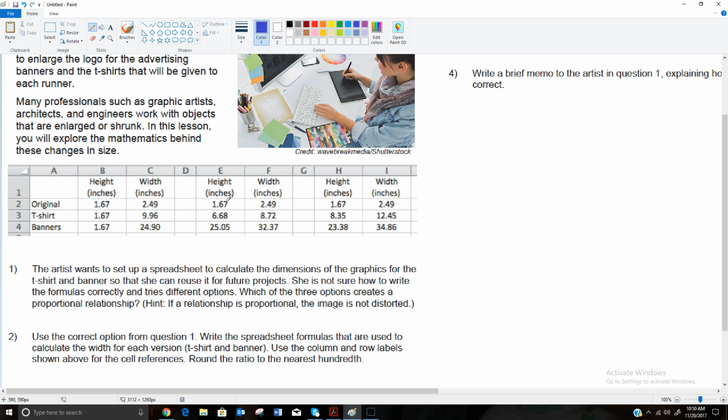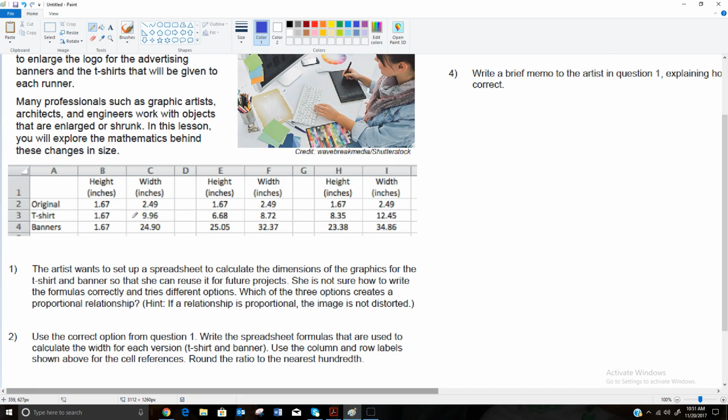So the original logo, if we look at this first one, we can pretty much rule this one out very quickly, because the original is 1.67, and you can see for these options that they haven't changed the height at all. So what they've done is they've taken the original and they've left the height the same and just stretched it horizontally.